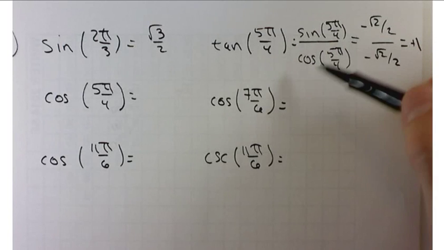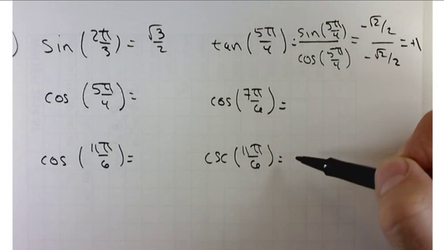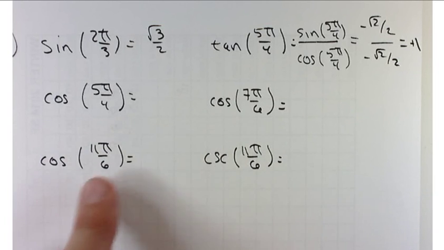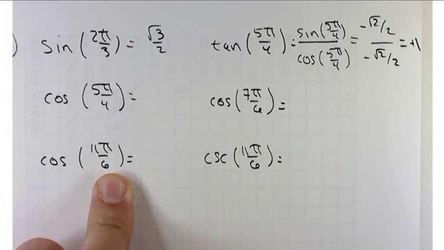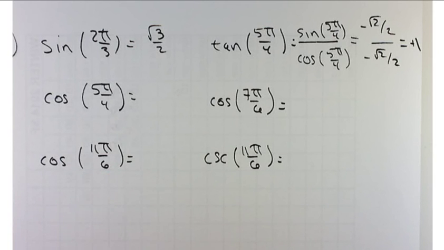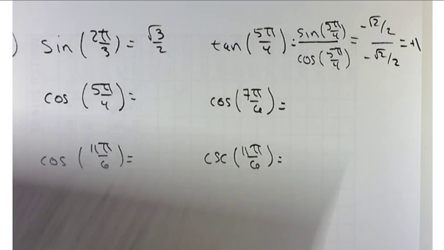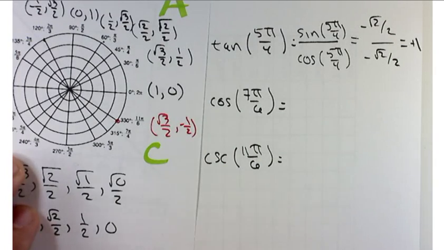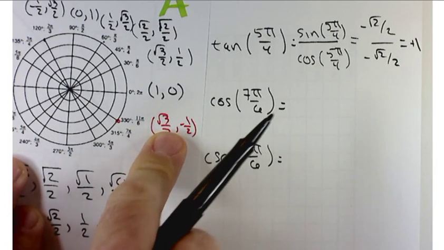Let's see, where I lost my train of thought. Let's just do a different one then. So let's move down to, well, the cosine of 11 pi over 6, we'll do kind of a friendlier one there for a moment. 11 pi over 6, all we need is the x-coordinate at that point. So it's just root 3 over 2.